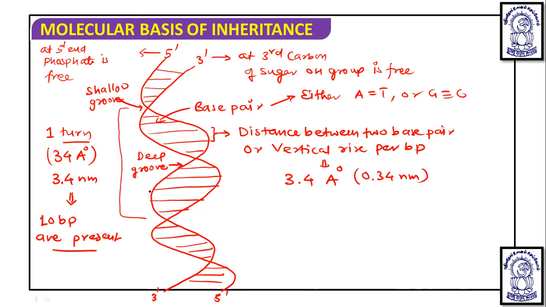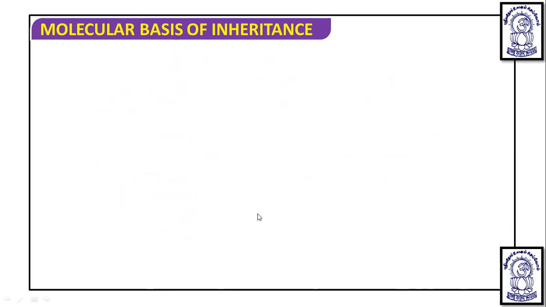Now, if we draw two nucleotide, suppose this part in somewhat more detail, then we will study this part in the next diagram. Okay. So if we draw that particular thing, you will see like this.